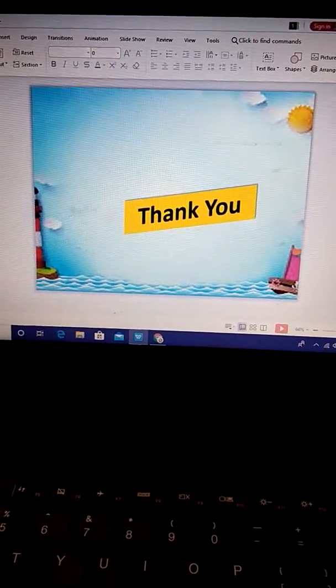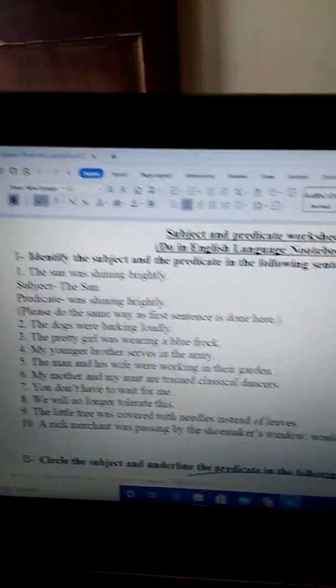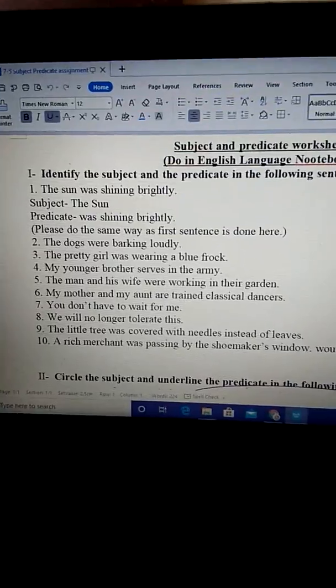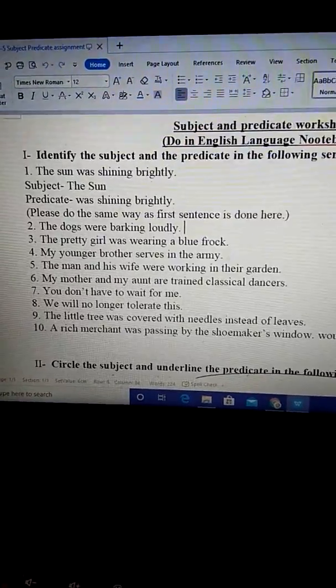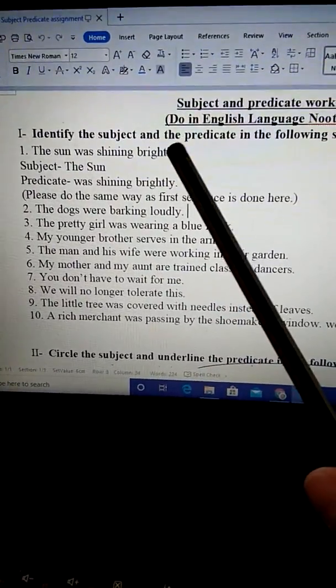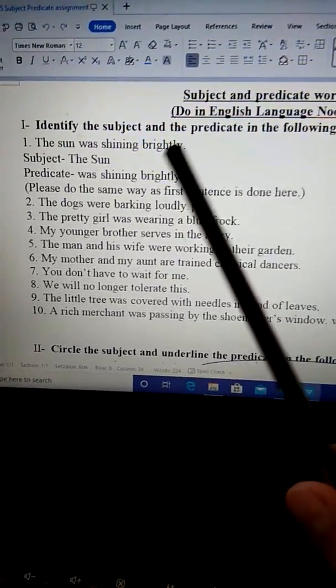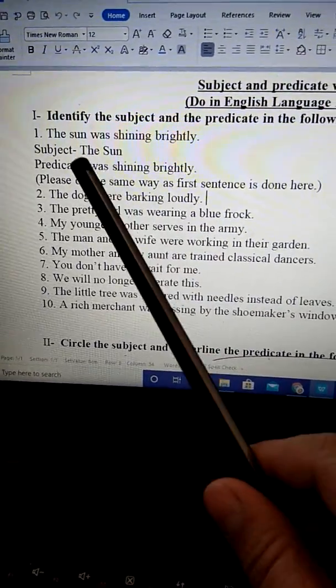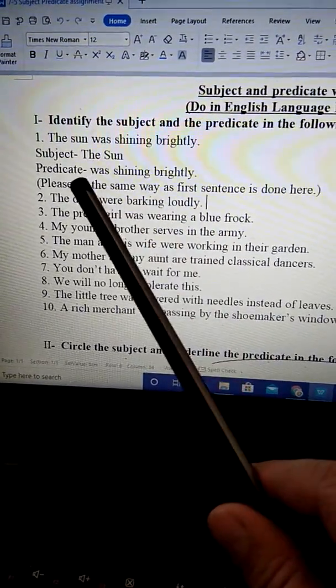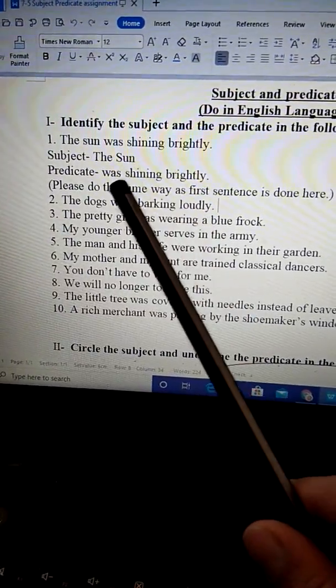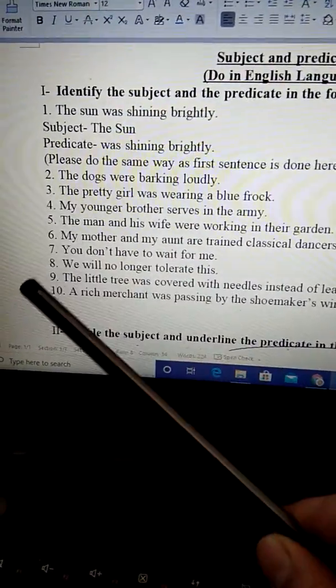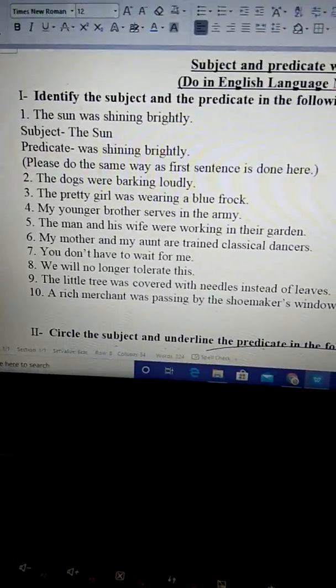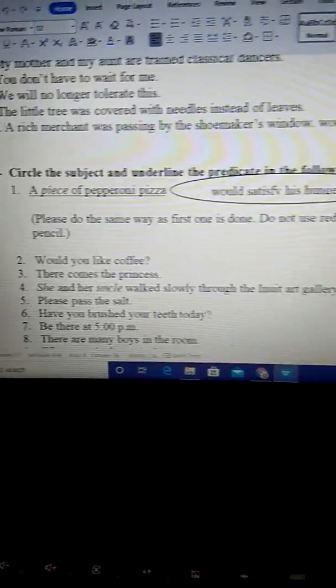Subject can be at the beginning of the sentence, middle of the sentence, or at the end of the sentence. Okay, children? See, two exercises are given over here. In the first one, you have to identify the subject and the predicate. The first one is done for you. The sun was shining brightly. Sun is the subject. Was shining brightly is the predicate. So in a similar way, you will have to complete the rest of the sentences.